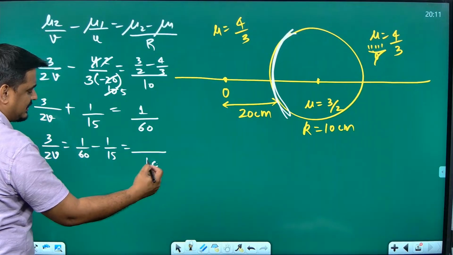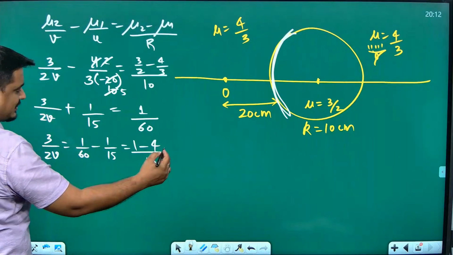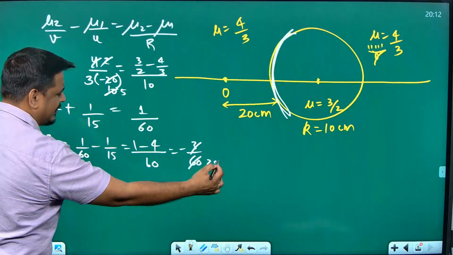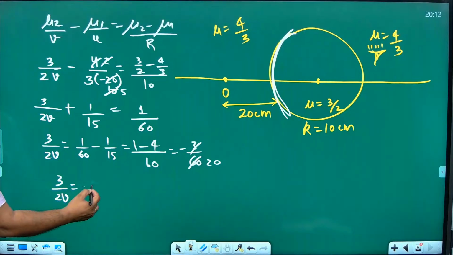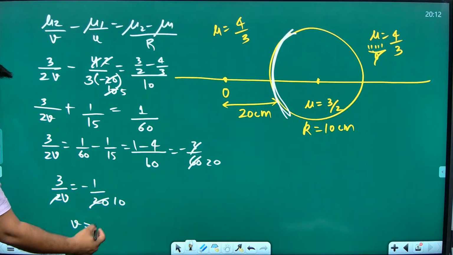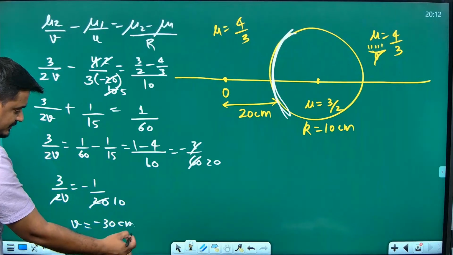LCM as 60, 1 minus 4, so minus 3 by 60, it will become minus 1 by 20. So 3 by 2v is equal to minus 1 by 20. Multiplying by 2 will make it 10 times. So I am getting the v value as minus 30 centimeter.